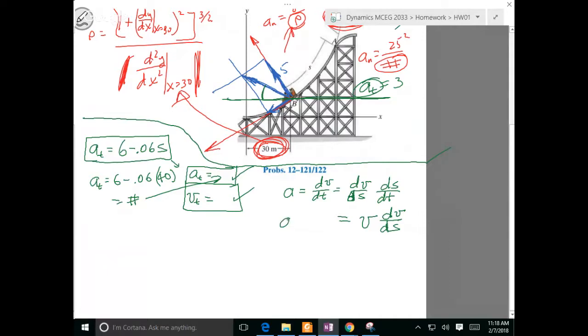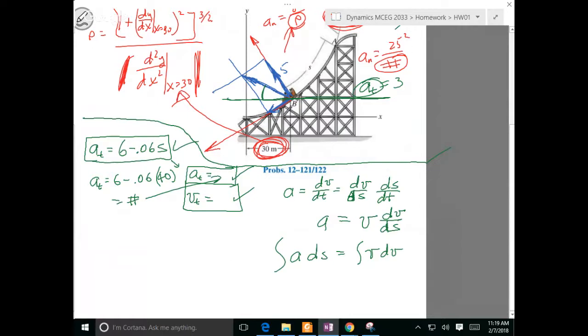Now, I've got the acceleration expressed as a function of s right there. I mean, he gave it to me. So if you're looking at this, it's V dV, and integrate.